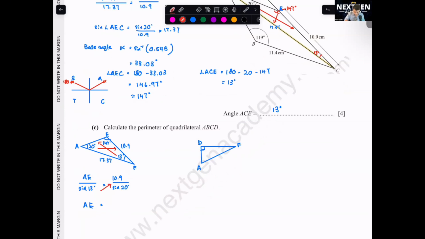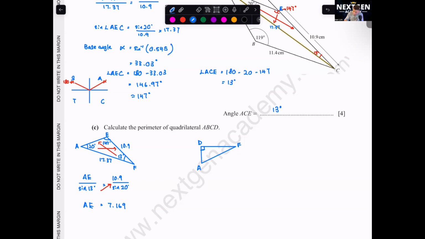I don't keep writing, but we just write 10.9 over sine 20 multiply sine 13. We will get 7.169. Also depending what value you use, if you don't use sine 13, your answer may differ a little bit. For me, I will get 7.169 because I also round up already. So my values might not be the most accurate, but they will give you a range of answers that's acceptable.